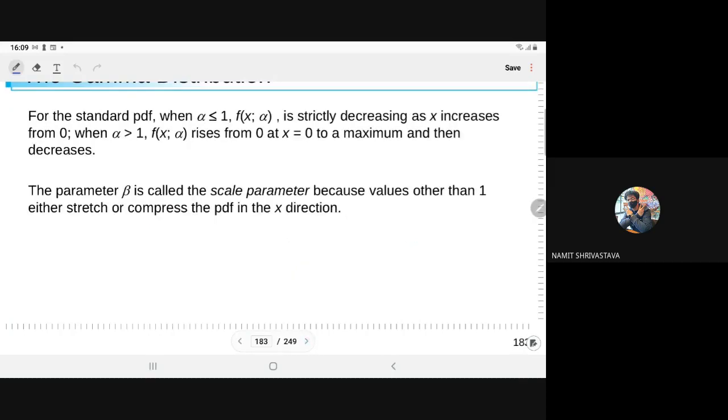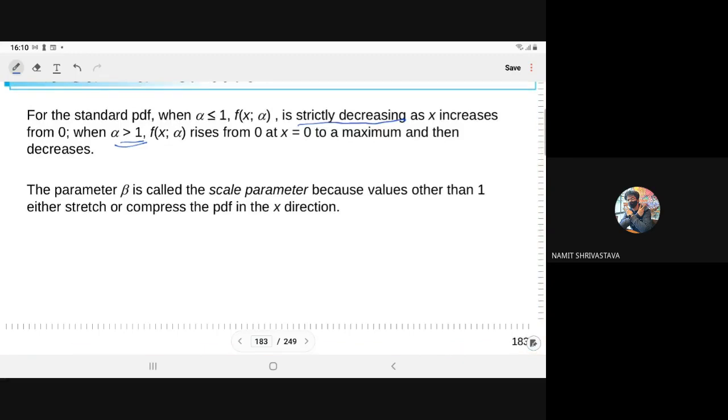For the standard PDF, when alpha is less than or equal to 1, f(x) is strictly decreasing as you increase the value of x. But when alpha is greater than 1, as you have seen for alpha equal to 2 and alpha equal to 5, f(x) first rises, achieves the maximum, and then starts decreasing.